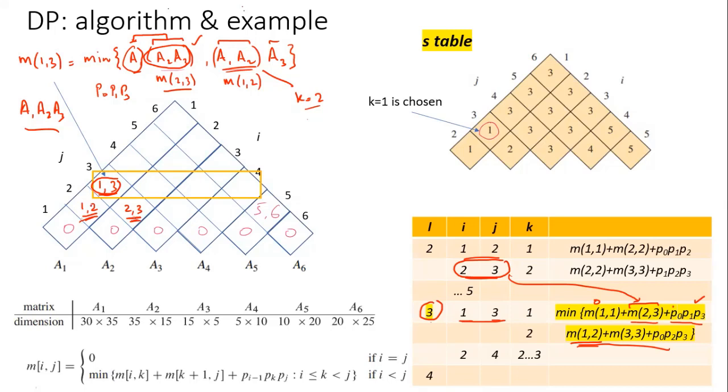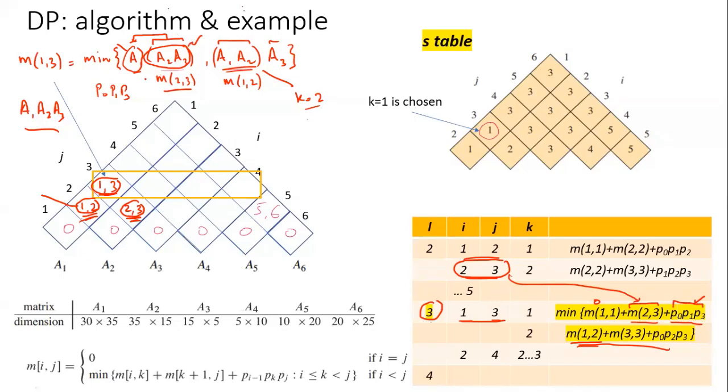But we're not just going to take the results of these two individually and compare them. We're going to take the results of these two, and add another product, which is to say, the cost of taking this and the multiplication.